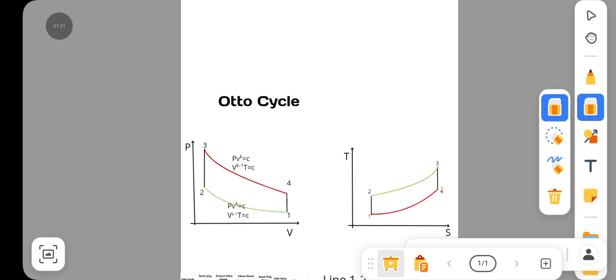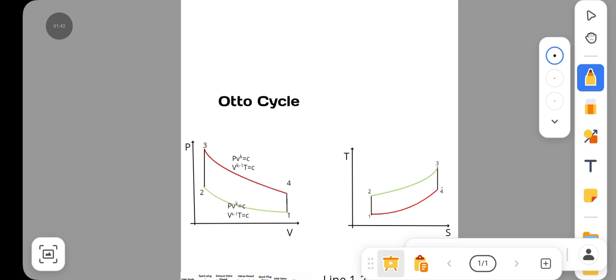Isentropic means that it is reversible and adiabatic. Reducing volume means there is a compression of the gas that is being added, and the little space between 2 and the graph there is what is known as our clearance volume.